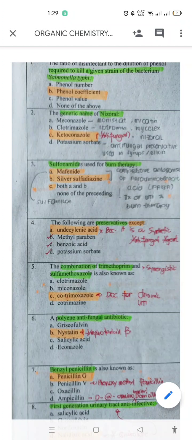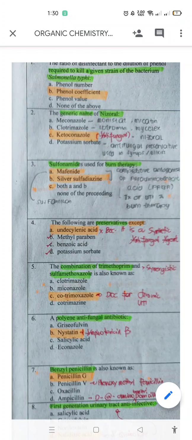The phenol coefficient of phenol is constant, which is your number 1. So I repeat, your phenol coefficient is defined as the ratio of disinfectant to the dilution of phenol required to kill the bacterium Salmonella typhi.